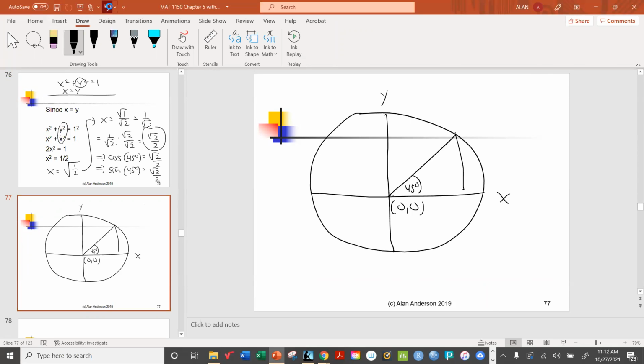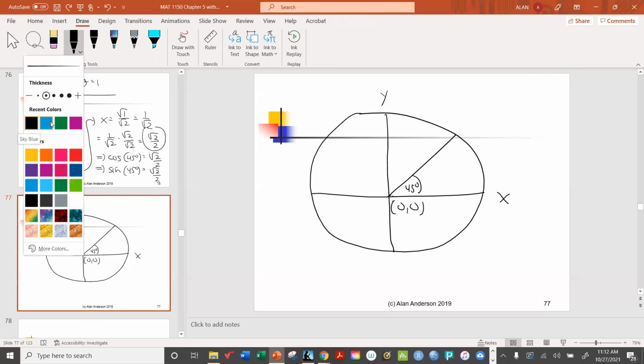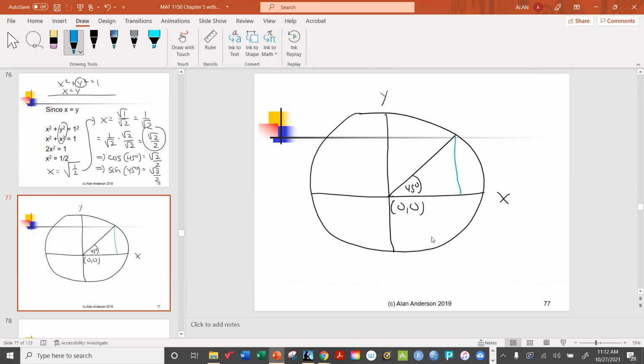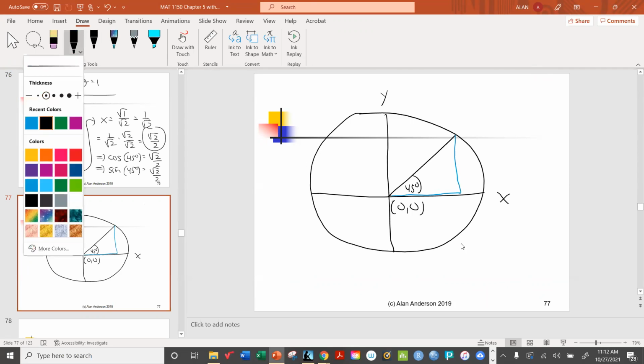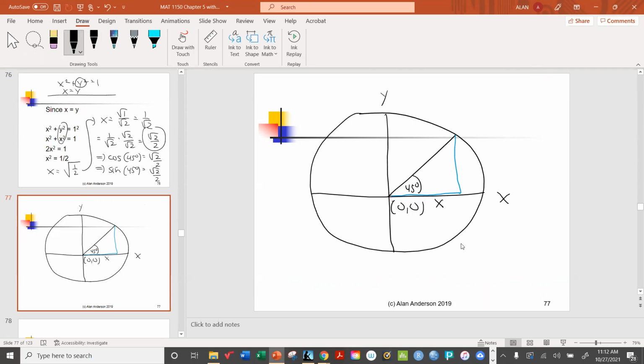Let me draw these like they've been using blue. I think that's a good idea. So that's our x. This is our y. And we know that this is 1.